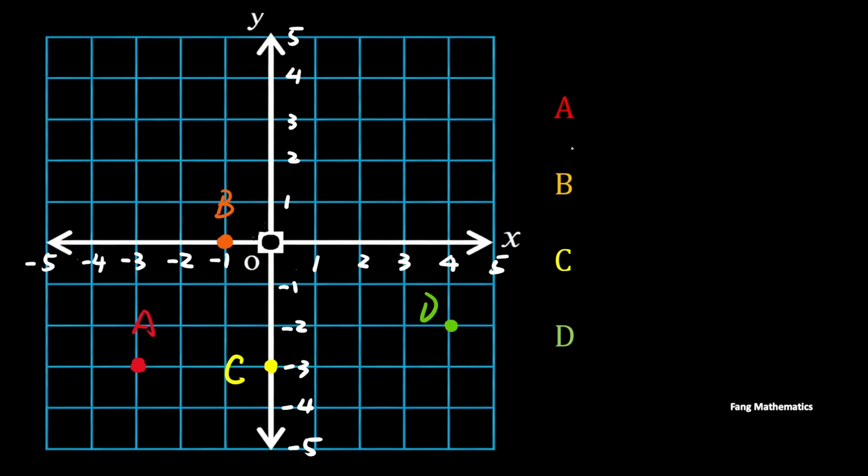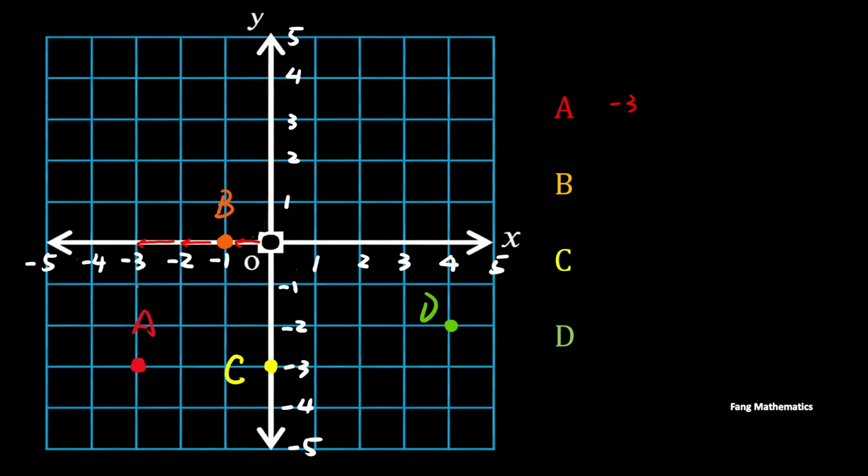Moving on, we are to determine the coordinates of points A, B, C, D given the information. Let's start with A. A is somewhere here. We move along the x-axis direction first. I'm moving towards the left because A is on the left of this origin. If you move to -3, you see it matches. So the first coordinate is -3.